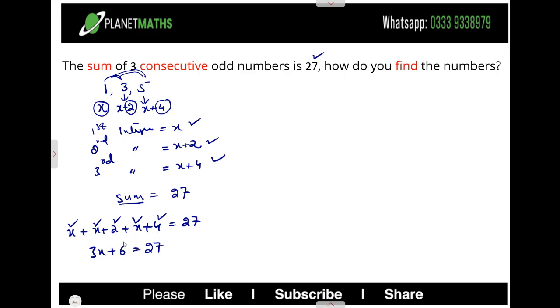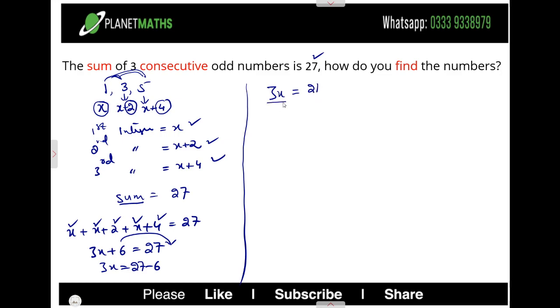Now shift 6 to the right side, it will become negative 6. Now 3x is equal to 27 minus 6, we will get 21.